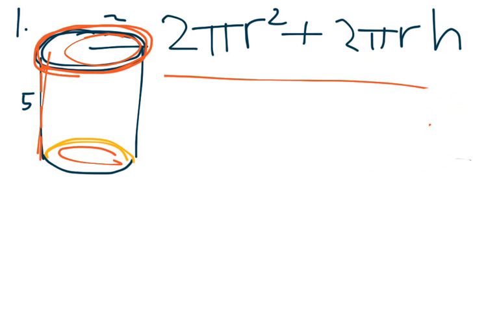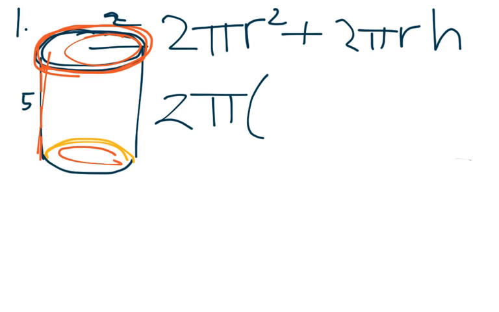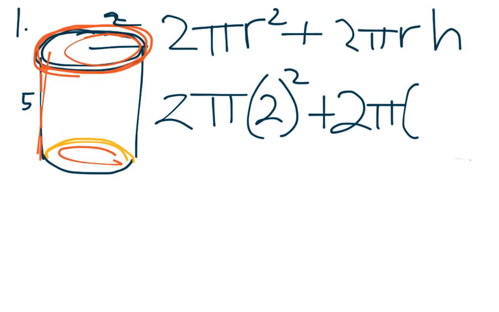So in order to find the surface area of this particular cylinder, in number 1, we know that we have a radius of 2. So we're going to plug that in for r. Instead of 2 pi r squared, we're going to write 2 pi 2 squared plus 2 pi, and instead of radius, we write 2, and instead of height, we know the height is 5, so we're going to put in 5.